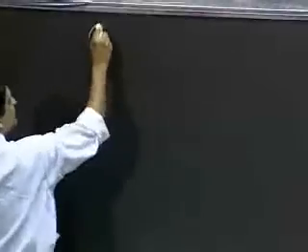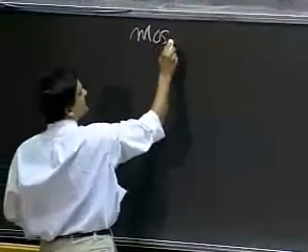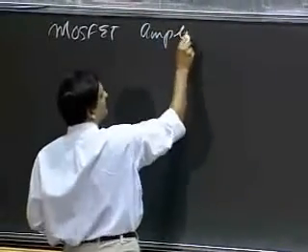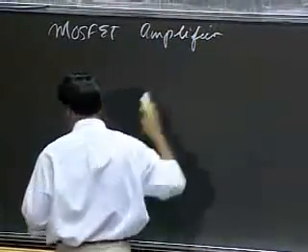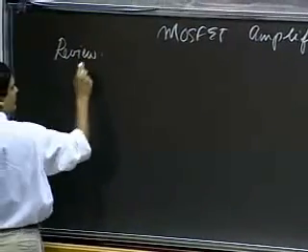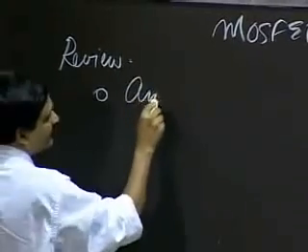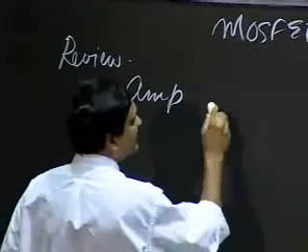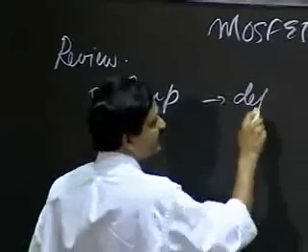So today, we'll talk about the MOSFET amplifier. So let's start with a quick review. In the last lecture, I showed you that I could build an amplifier using a dependent source.